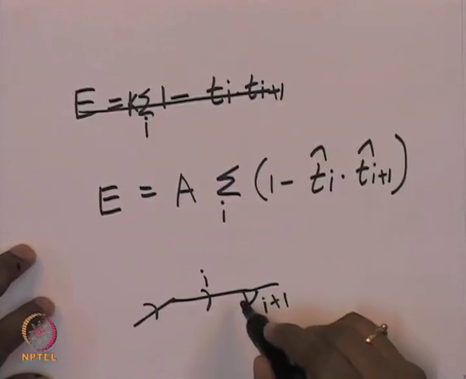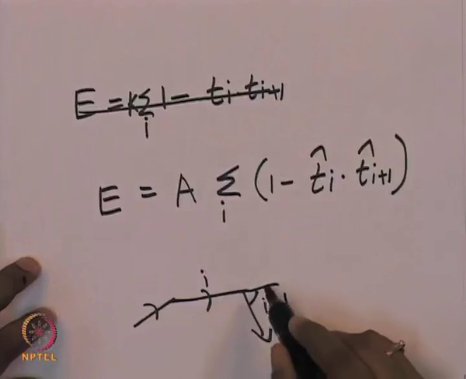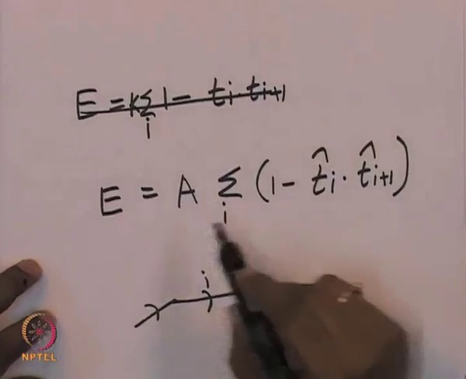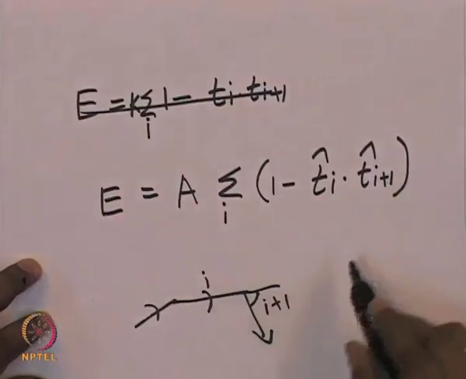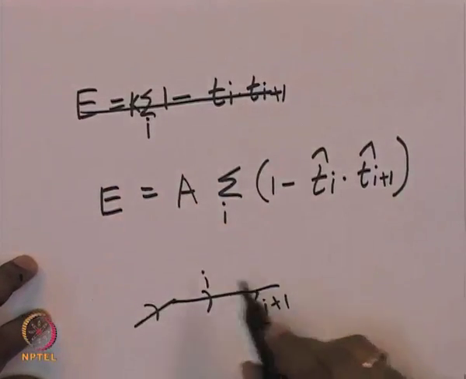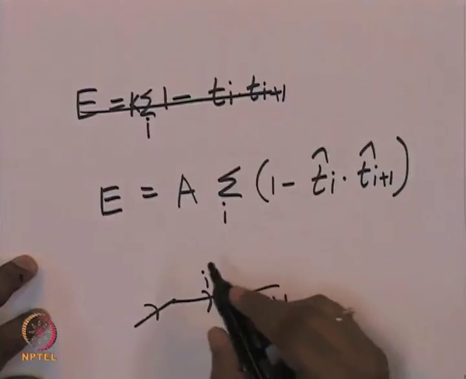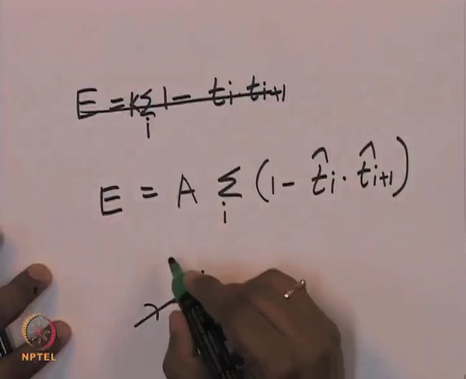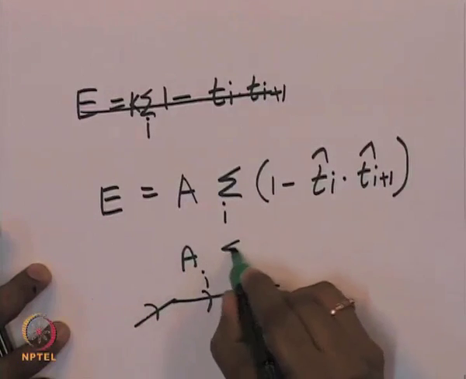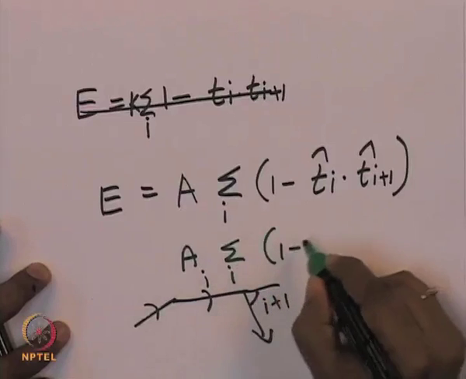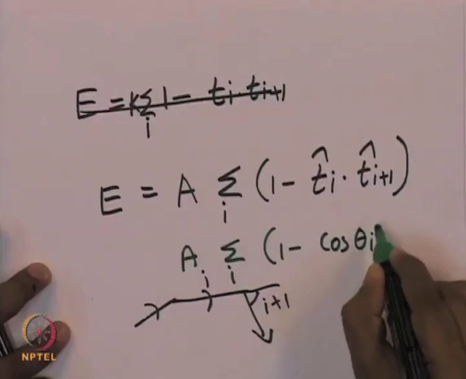So, it depends on the angle. If the angle is large, the bending energy is more. So, you can write this also as A times the sum over i of 1 minus cos theta_i.